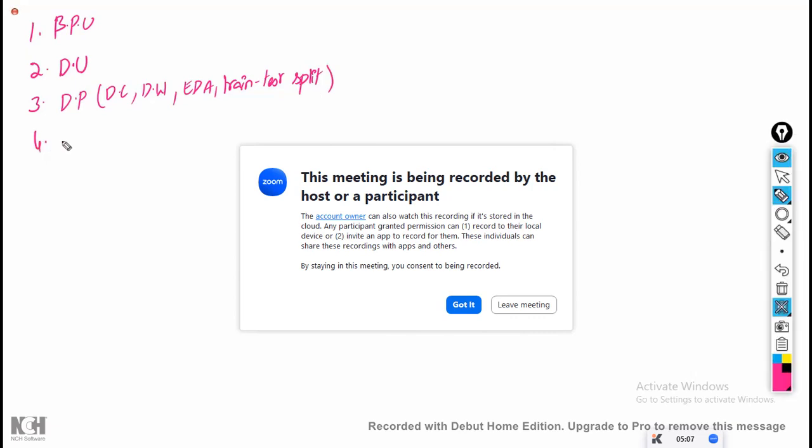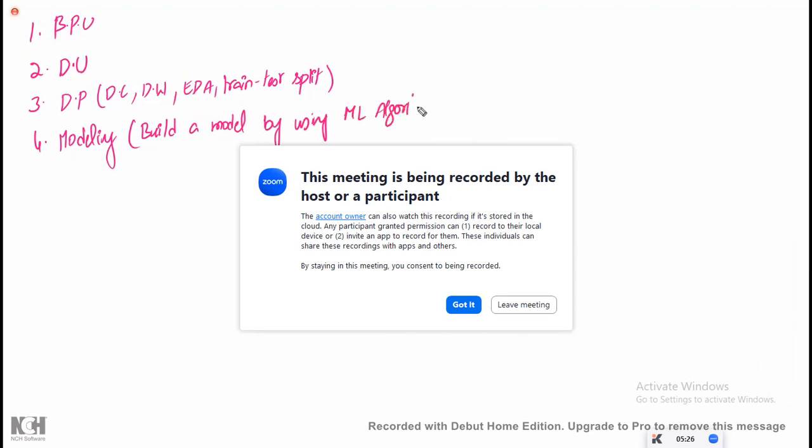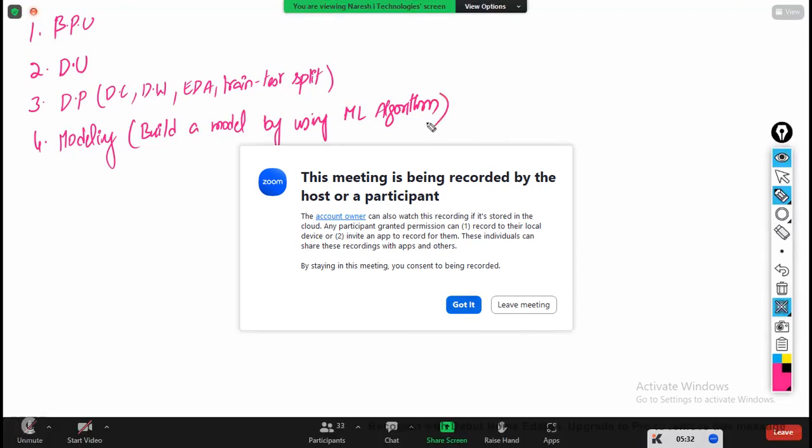Next, we do the fourth step, called modeling. In the modeling, we are going to build a model by using an ML algorithm, whatever the algorithm is.